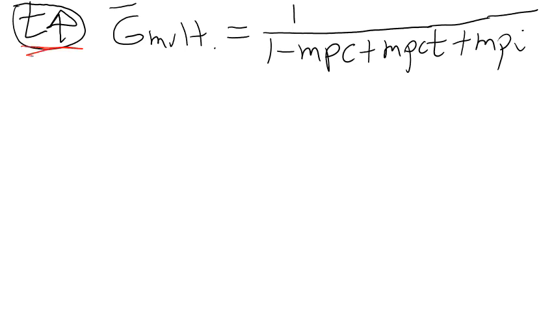So let's look at it. If there's an increase in T, here is T, right? If T increases, what will happen to the multiplier?